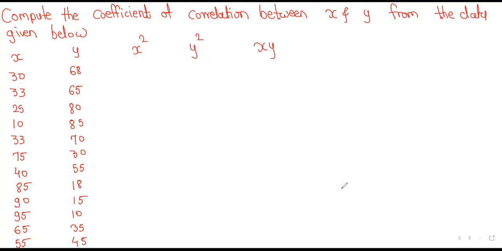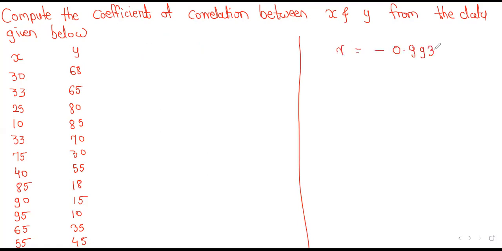Okay, so here the value of coefficient of correlation is r is equal to minus 0.9934. So here is the negative correlation between x and y. Okay.